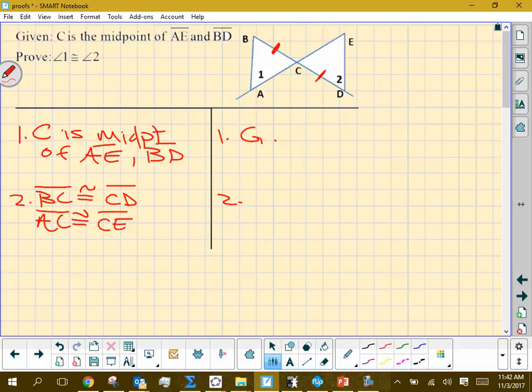Then the reason is the definition of midpoint. Unless it's the reflexive property, that is the easiest way for us to show segments congruent. Reflexive property is the easiest way to show segments congruent. Midpoint is the next easiest way.